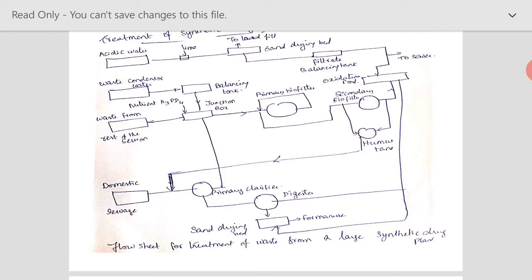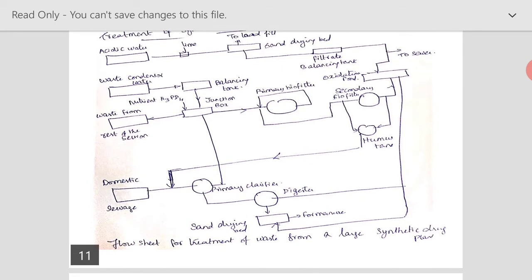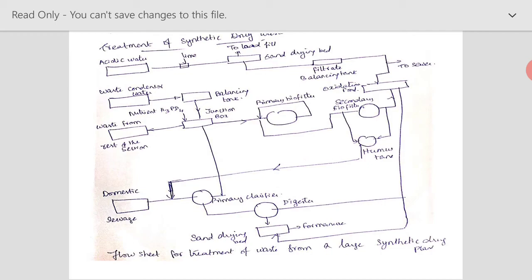So what is the main thing we could do to minimize this waste? As we know, we have to follow the four R's, that is reduction, recycle, recovery as well as reuse. So in this treatment of synthetic drug waste, we could see the segregation of waste has been done.